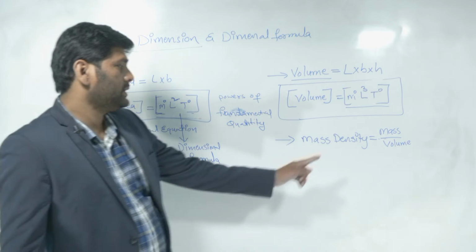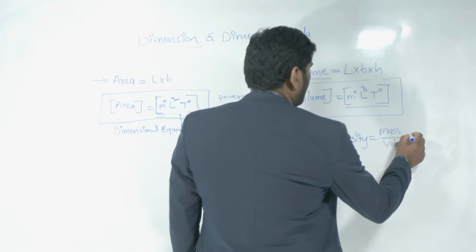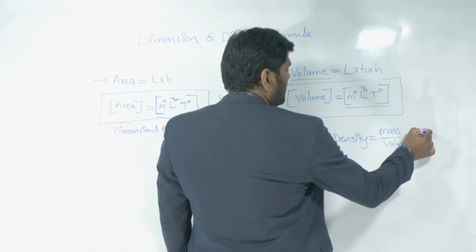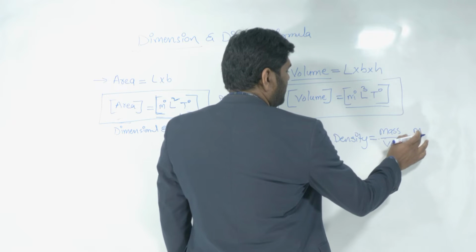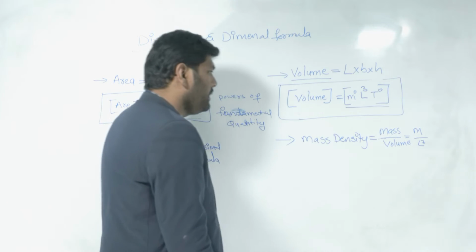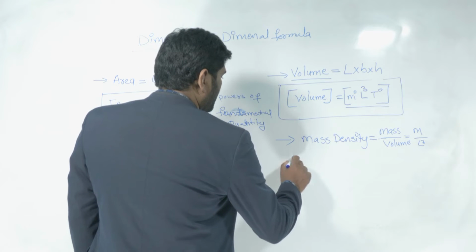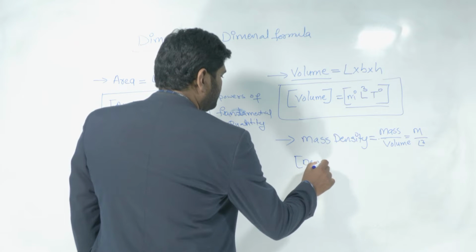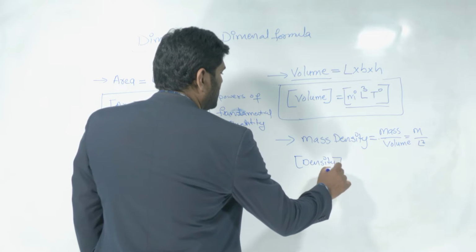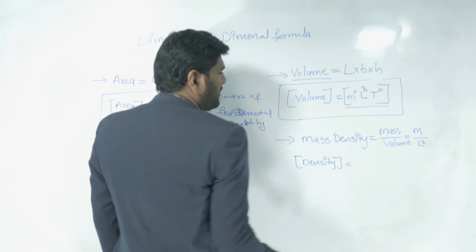Now after knowing this formula, let us write in terms of fundamental quantities. Mass is M, volume is nothing but L cube, right? So now let me write this density dimension formula. So density is equal to, is there any mass contribution?